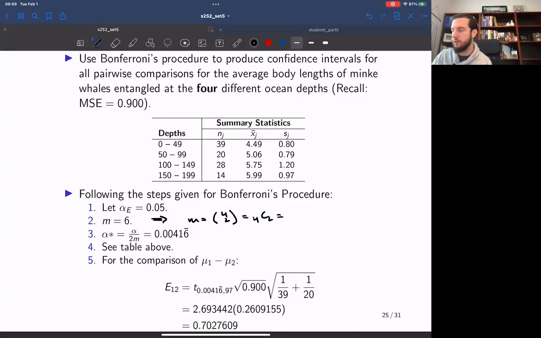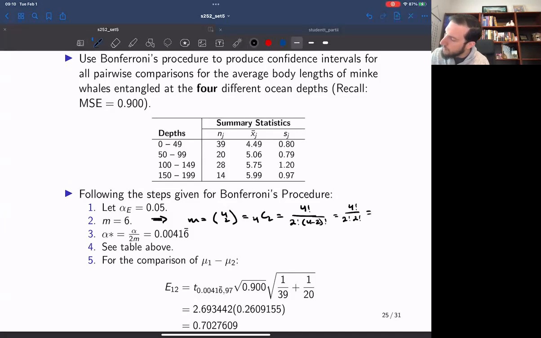So again, this is something you can just do in your calculator directly, but just for clarity, just for completeness, this would be 4 factorial over 2 factorial times 4 minus 2 factorial. Okay, so this is going to be 4 factorial over 2 factorial times 2 factorial.